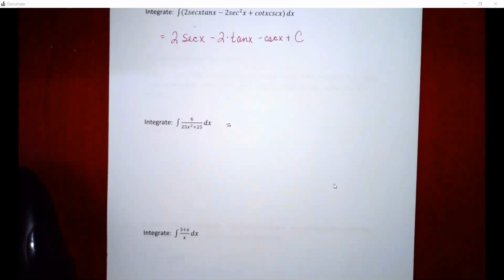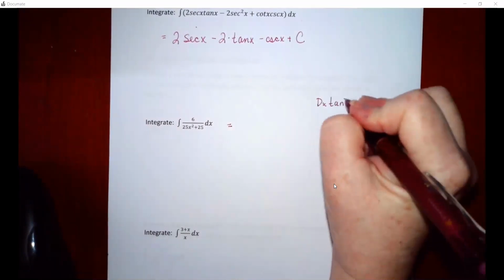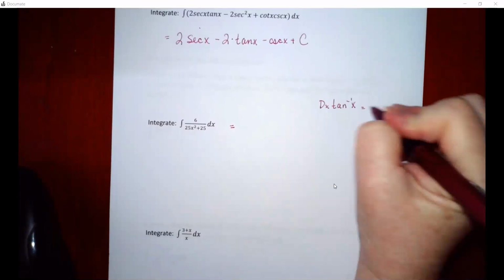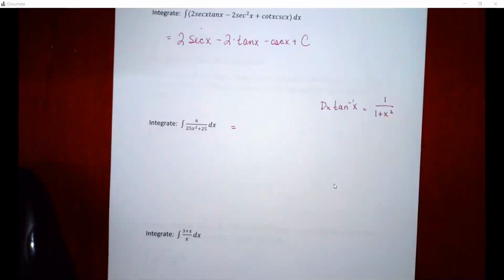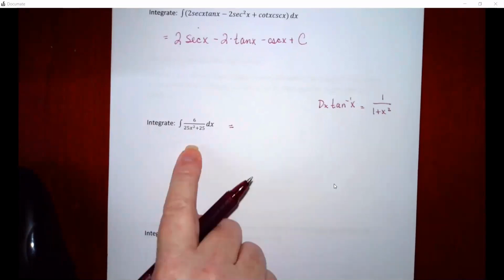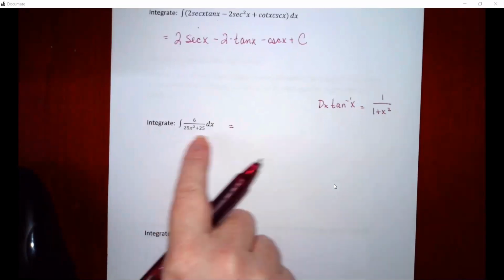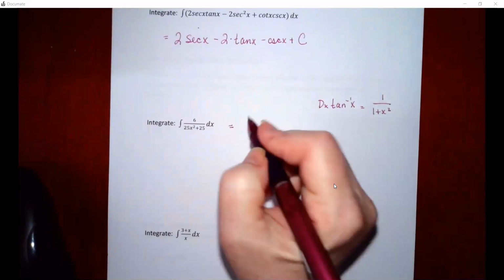Good job. What we know actually is if you take the derivative of the inverse tangent of x, we get 1 over 1 plus x squared. Now this one you go, well, there's a 25 down there, but could we factor that 25 out front? Yeah, we could.